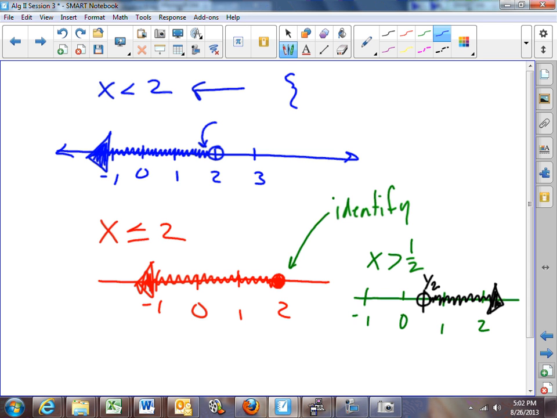Sometimes I like to call this left mustachio. And what we'll do a lot of times is we'll put right inside there a variable and then either a colon or a straight up and down line. And that is read as "such that," and then we put the restriction on it here. For example, x is less than 2. Now this would be read: the set of all x such that x is less than 2. And that's set builder notation.